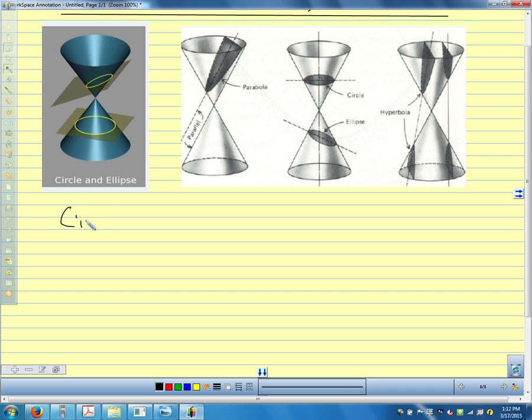So our circle, the definition that we're going to work with, we're going to get a fancy new word here. A locus. A locus is just a set of points that have some kind of property.